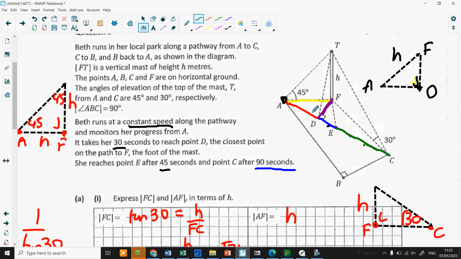And do I know anything about A to D? No, A to D is the goal of the question. So I'm going to label A to D as X. Is that right? Have to zone in on F to D. Okay, so F to D, what can I do to figure that out? That's what I'm thinking next. F to D, F to D. Yes? Could you do it out of the whole triangle?